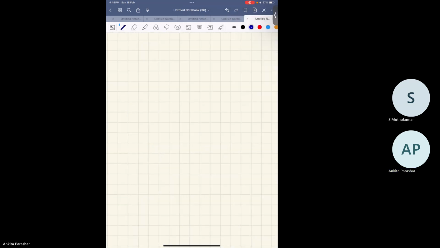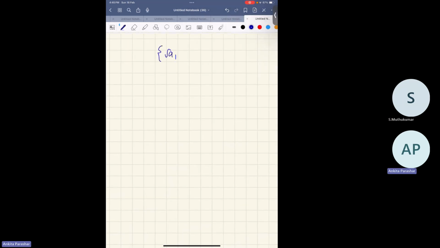So root A, root B is linearly independent over F is the same as root B is not equal to C times root A for any non-zero C in F. You understand, right?